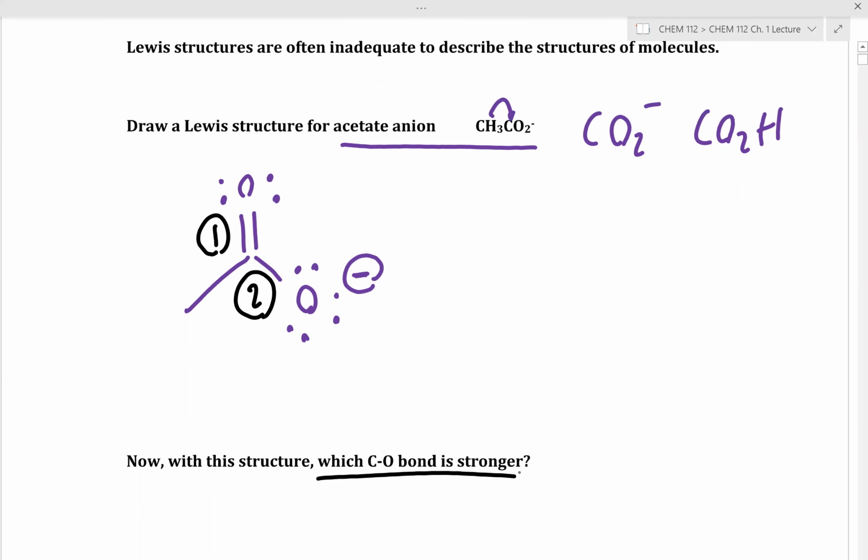Just using our principles from Chem 101, staring at this molecule, is there any difference in strength between these 2 bonds? Which bond would you expect to be stronger? Bond 1. So our initial interpretation is I expect bond number 1 to be stronger.